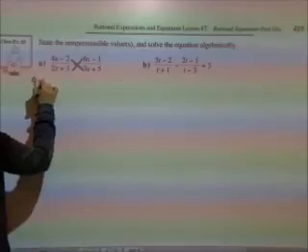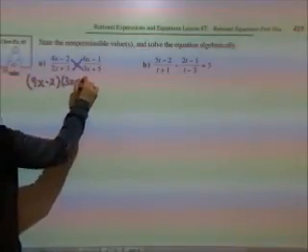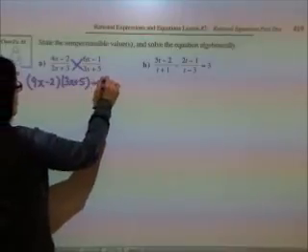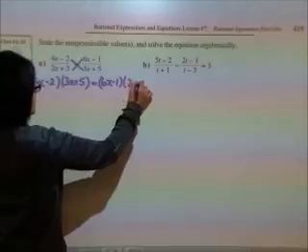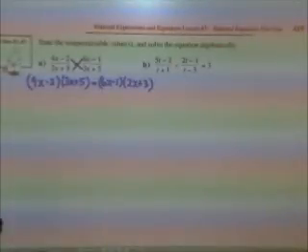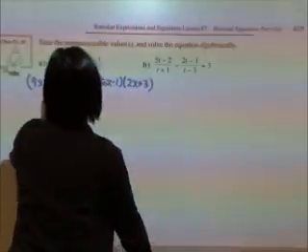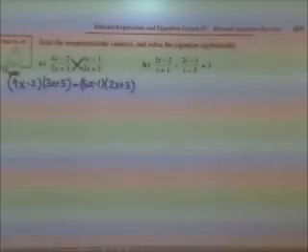So 4x minus 2 times 3x plus 5 equals 6x minus 1 times 2x plus 3. And in this equation, what can't x equal?